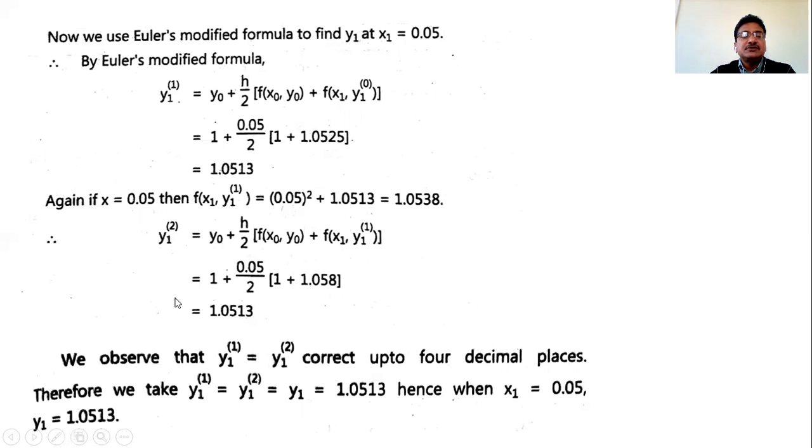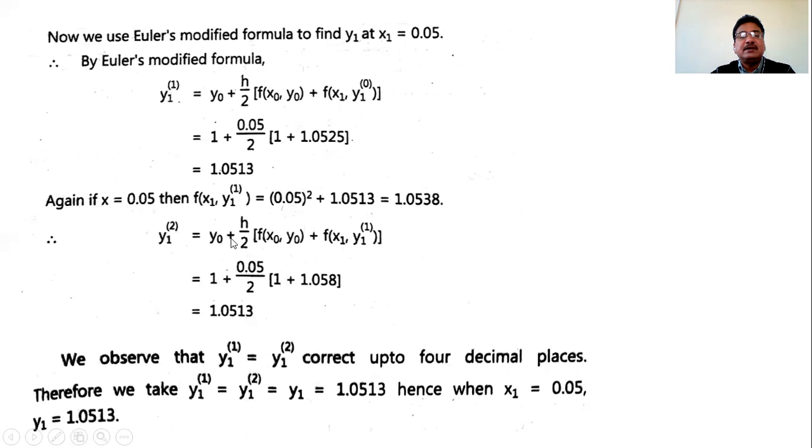In this way we can also find y1 superscript 3, y1 superscript 4, y1 superscript 5. But if you observe y1 superscript 1 and y1 superscript 2, the answers are correct up to 4 decimal places. So finalize y1 as 1.0513.